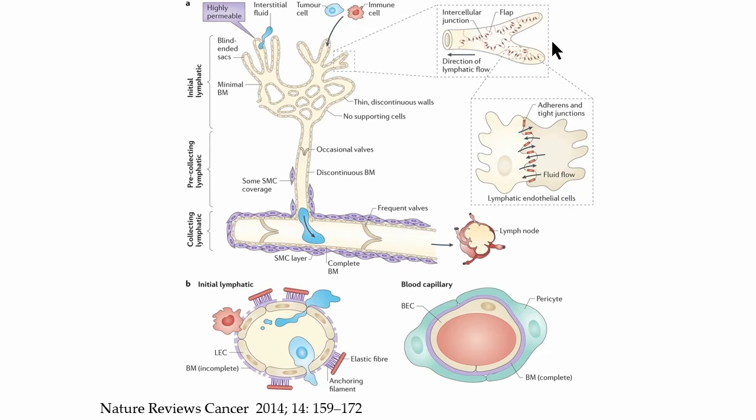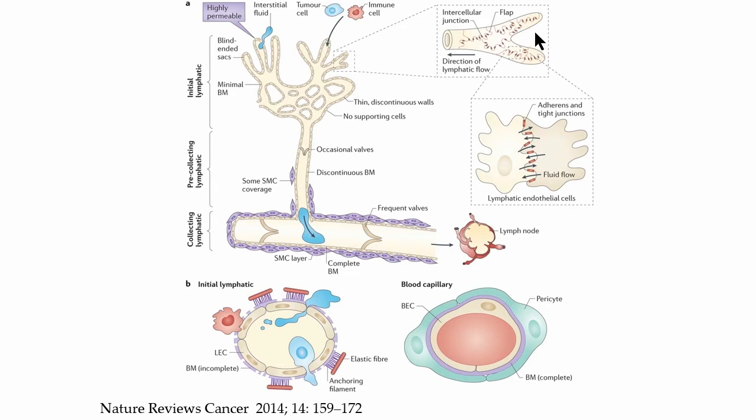One more point about the lymphatic capillaries is that they are characterized by a very unique form of intercellular junction that is again discontinuous. This has been described as a kind of an overlapping oak leaf, so that the flaps that are formed in between the tight junctions are able to open and allow again very rapid convection of fluid into the lumen of the capillary.